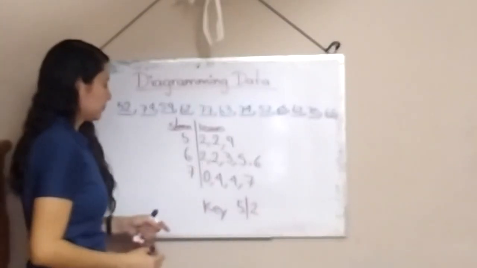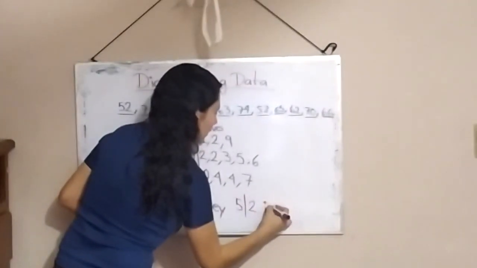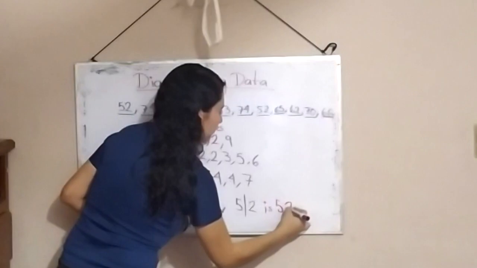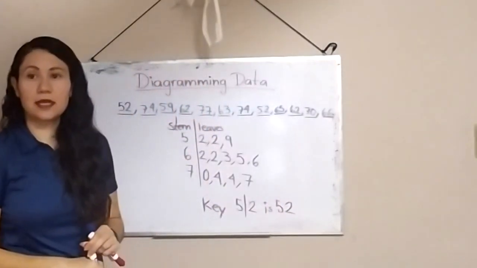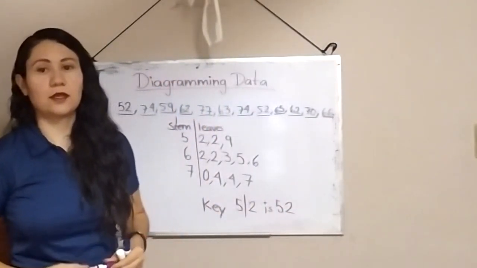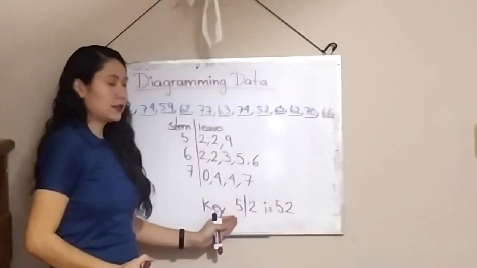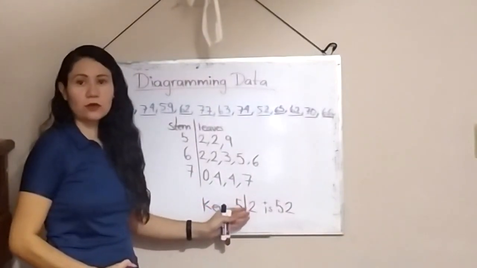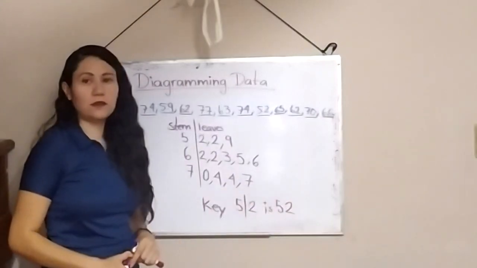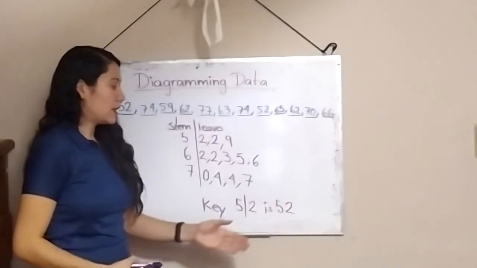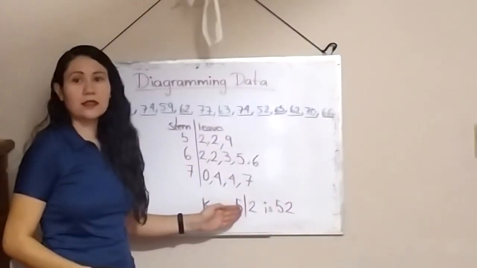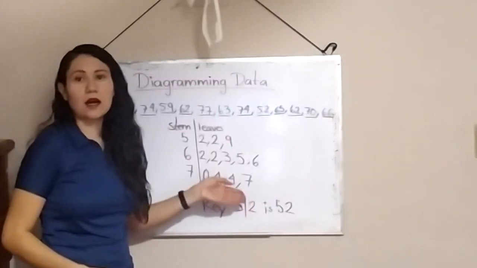That means 52. This key is telling us that when we see a 5 as the stem and a 2 in the leaves, that means 52. It is telling us that the stem are tens and the leaves are ones.